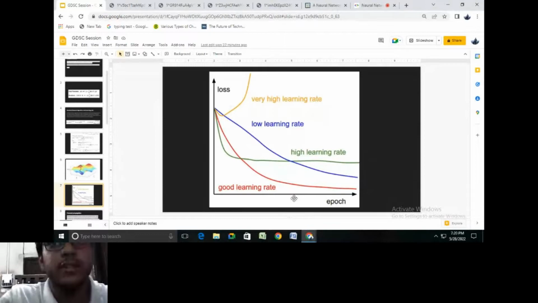And a very high learning rate can actually backfire on the model, where as the number of epochs increases, the loss function actually goes upwards. Like in this case, the global minimum is here, and after iteration 4, we can see that we are gradually deviating from the minimum. So this situation is intuitively given by this very high learning rate.